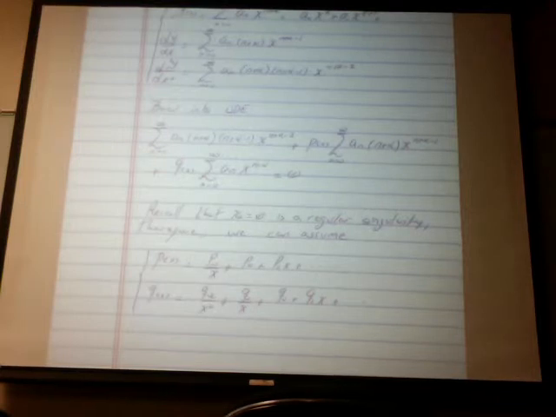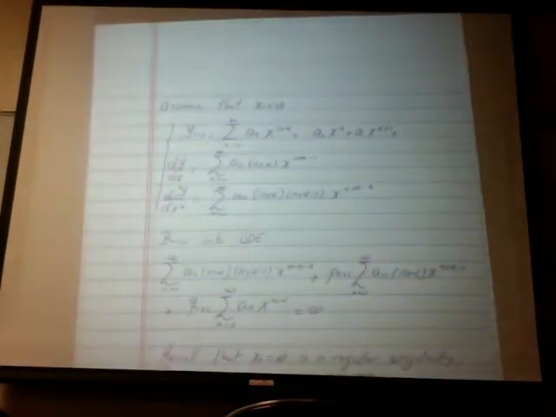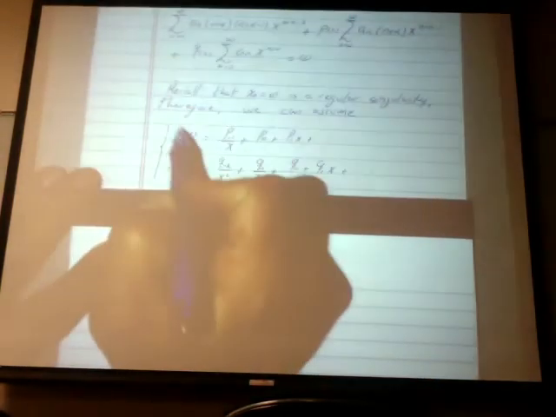So therefore, let's see. I'm going to plug this definition of p(x) in here and this definition of q(x) in here.